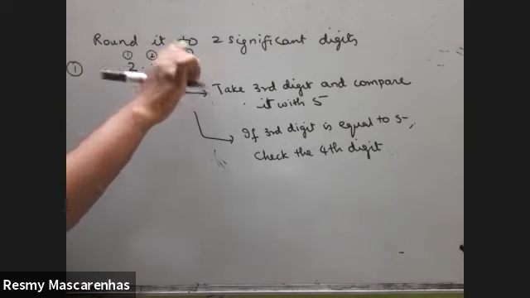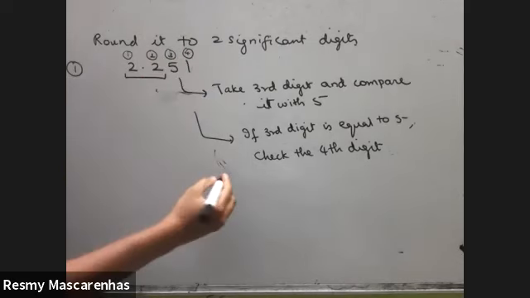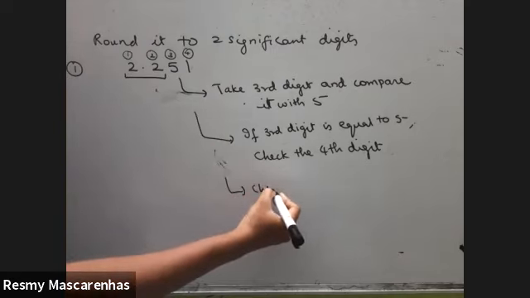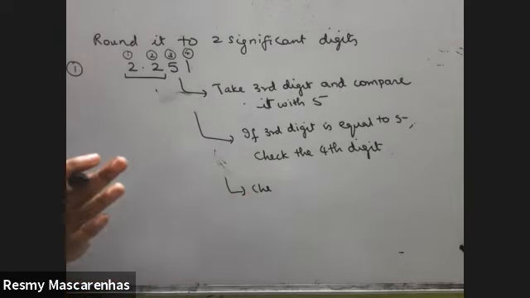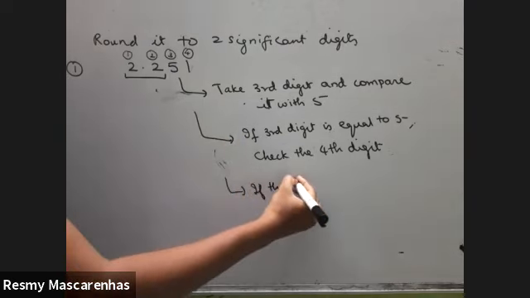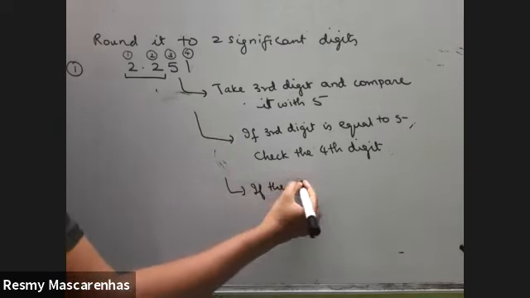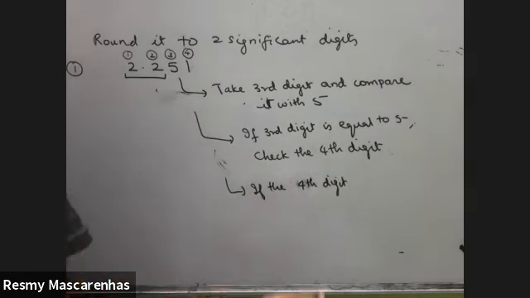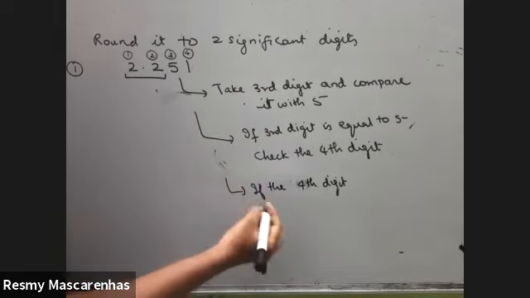Now you just have to check whether the fourth digit is 0 or not 0. I'll explain again. I'm just writing the rules so that you copy, and then I'll explain again.